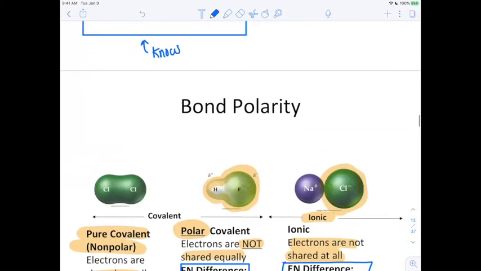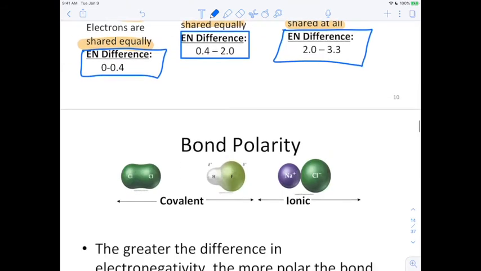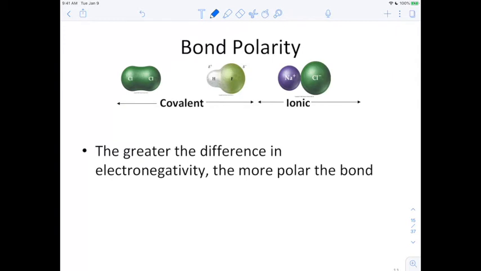All right, other questions? All right, so the greater the difference in electronegativity, the more polar the bond. So at the beginning of all of this, I told you about the chemical bonds that were sitting at Starbucks comparing how electronegative they were, and they were comparing their dipoles.